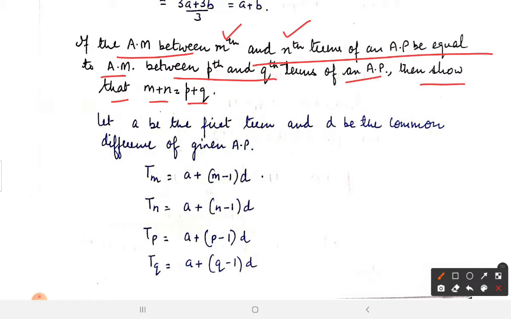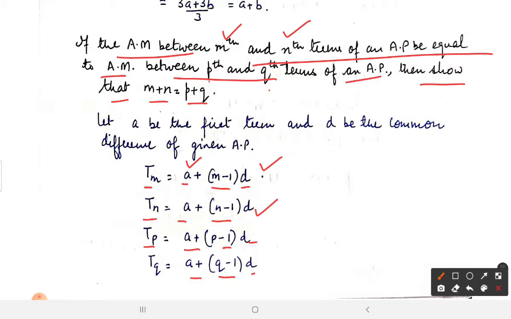So let us first write the mth and nth term of an AP. The mth term is a plus (m minus 1) times d, where a is the first term and d is the common difference. And the nth term is a plus (n minus 1) times d. And the pth term is a plus (p minus 1) times d, and the qth term is a plus (q minus 1) times d.